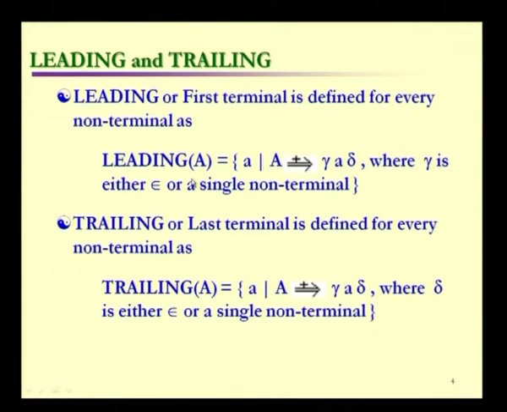One is the leading set, and the other is the trailing set. These two sets are mandatory in order to compute the precedence relations which you have listed earlier. The three possible precedence relations are: precedentially less than, which denotes the left end of the handle; precedentially greater than, which denotes the rightmost end of the handle; and precedentially equal, which denotes we are somewhere in the interior position of the handle.